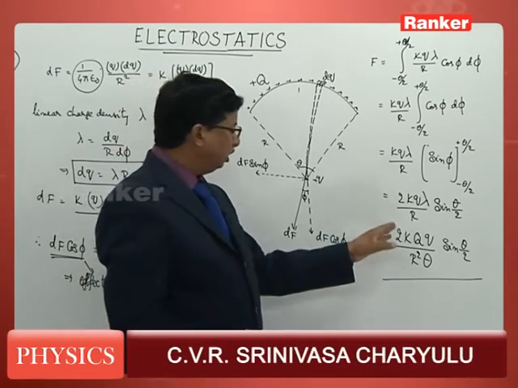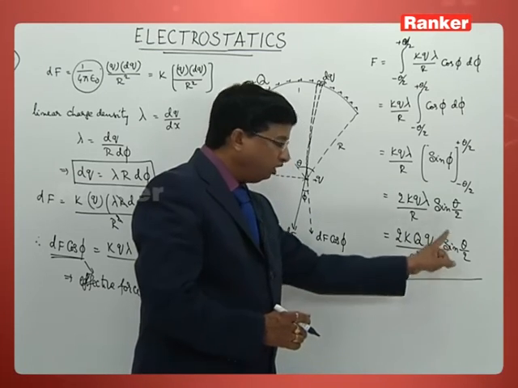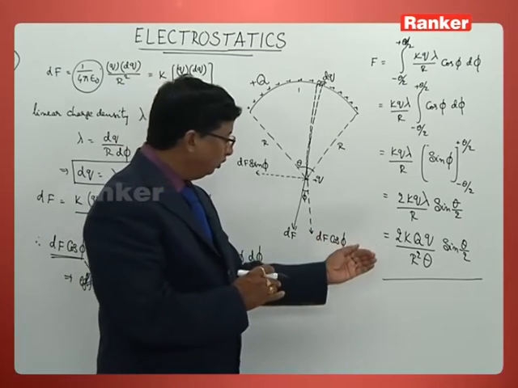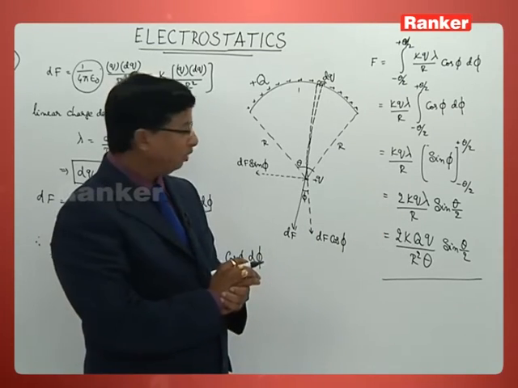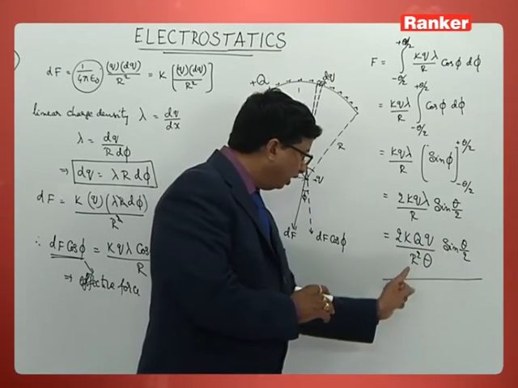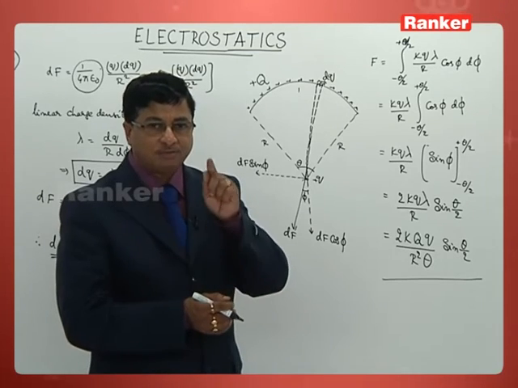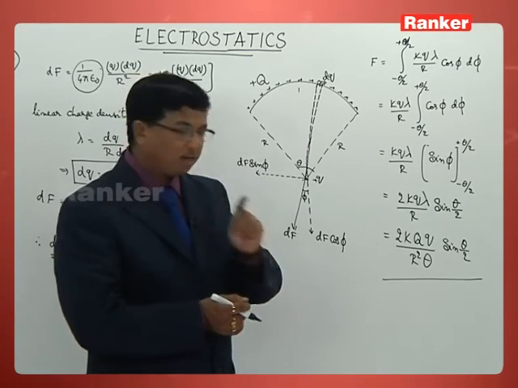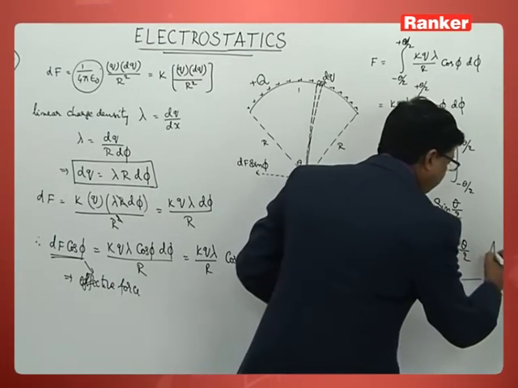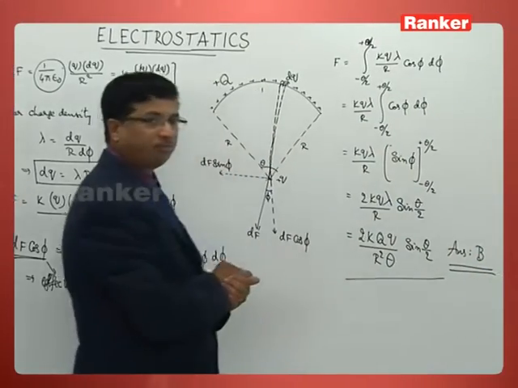So what is the corresponding equation? Look at now, 2k q square by r square theta into sin theta by 2. Which one is now in coincidence with this one? You try to understand. 2k q square sin theta by 2 by r square theta. Look at all the four options now. The second option is exactly tallied with the same. Then what can we write now? The answer for this particular question is going to be B now for us.